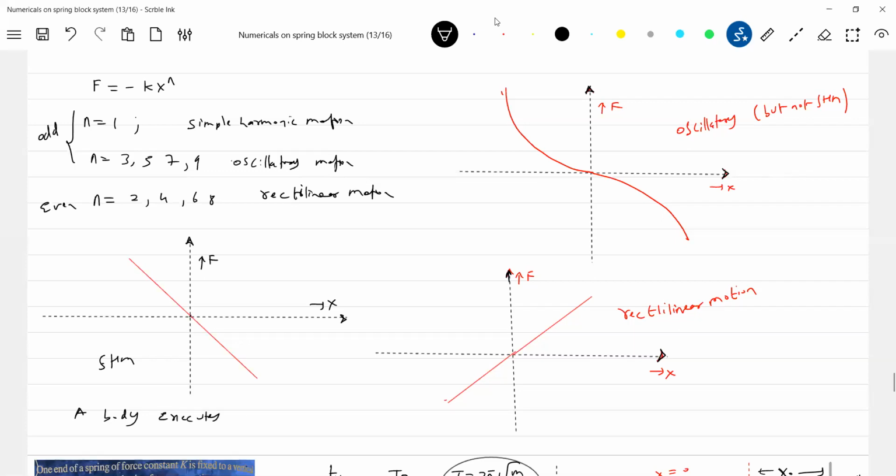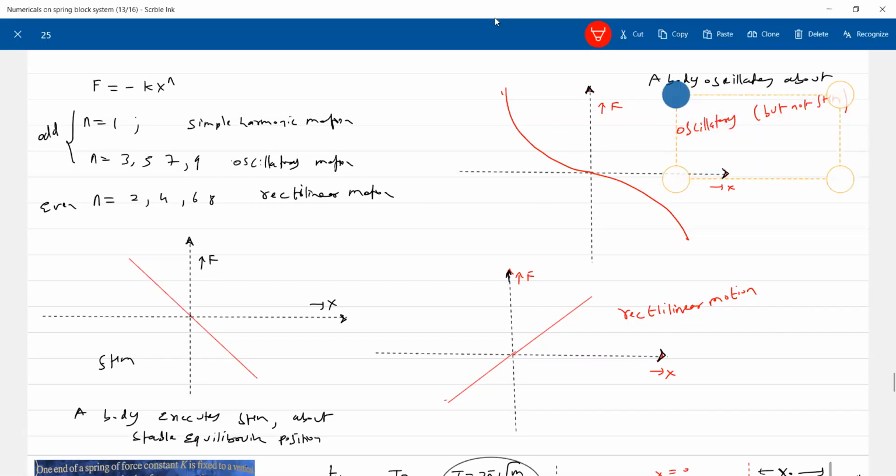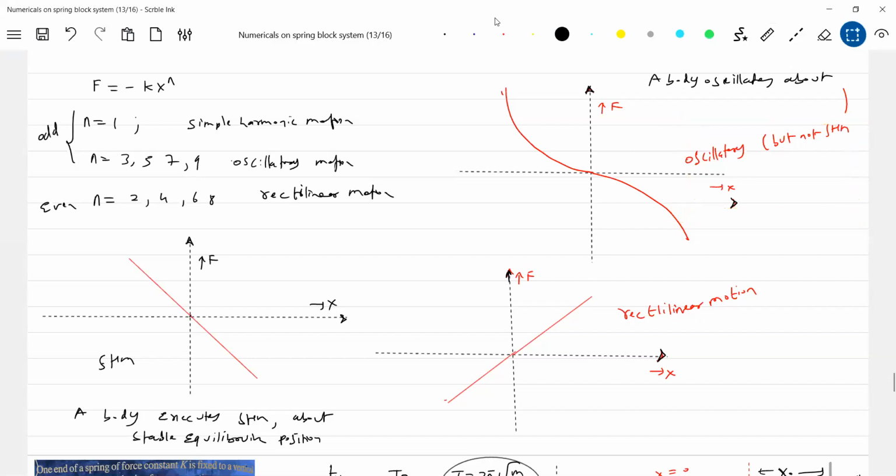So therefore, I'll write it. A body executes SHM about a stable equilibrium position. Here, a body oscillates about a stable equilibrium position.